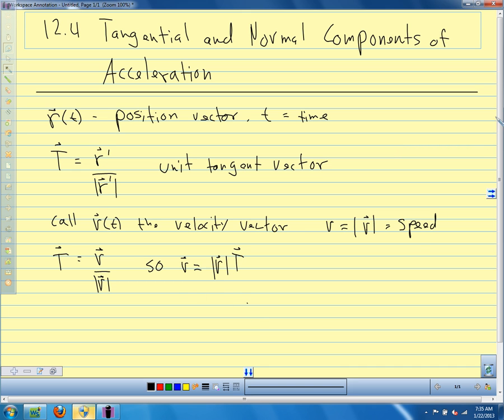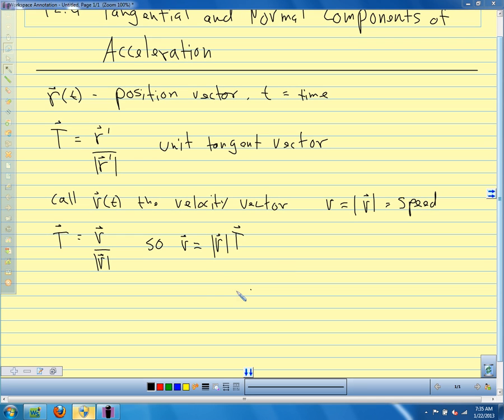So to find the acceleration from the velocity, what do I do? Derivative, right.